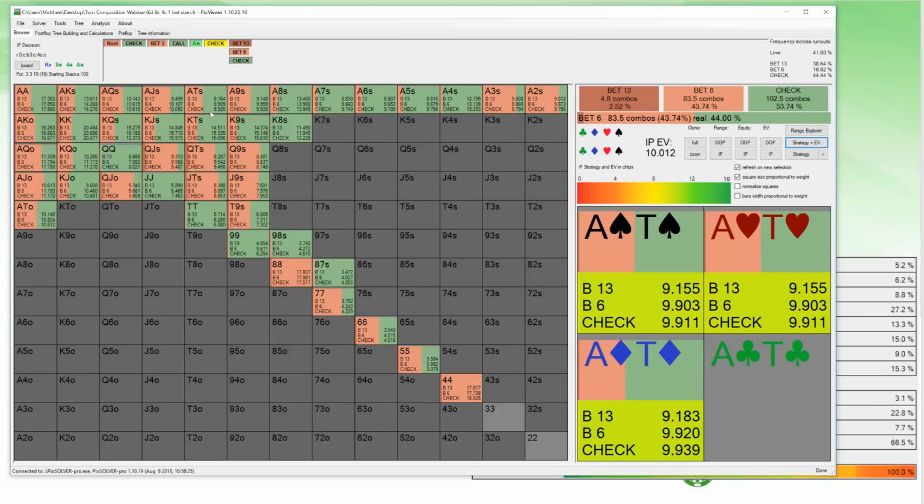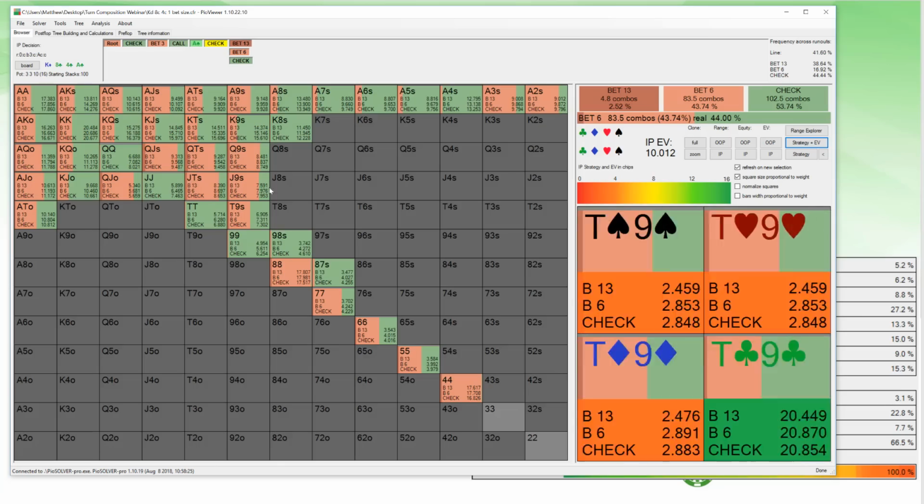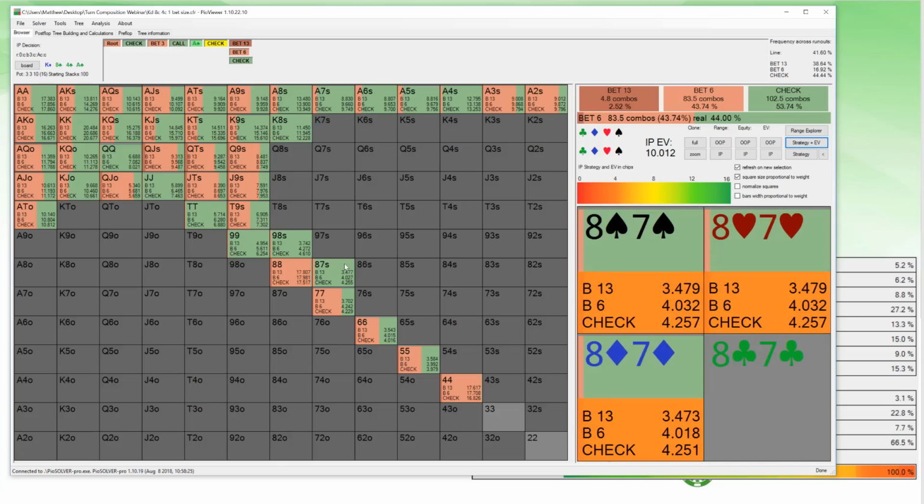As we saw on the flop, we bet 100% of our hands, and the reason you want to bluff the most on the flop is that on the turn and the river, some of your bluffs are going to turn into value hands. So when some of your bluffs turn into value hands, now you have fewer bluffs for later streets. So on the turn, we still want to have more bluffs than value hands.